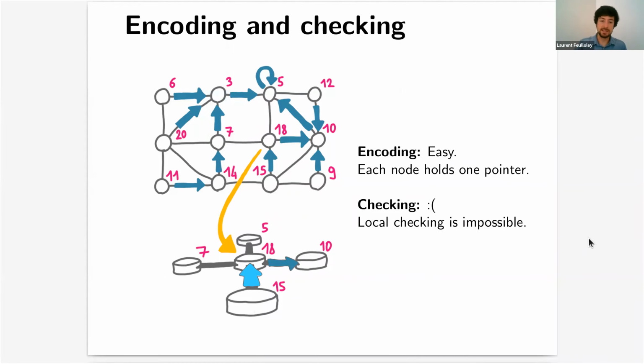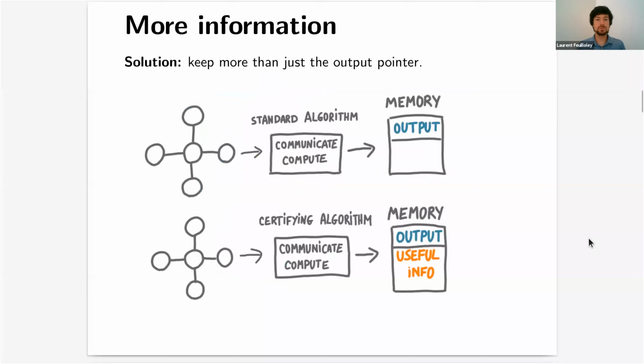And the solution to this problem, or at least one solution, is to keep more information in memory. What the standard algorithm does is that it solves the problem at hand. So if you are building a spanning tree, the algorithm does some communication, some computation, maybe there are a lot of messages, etc. And at the end, it gives to every node its pointer.